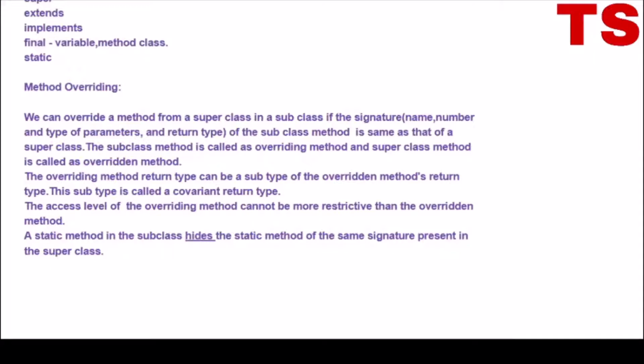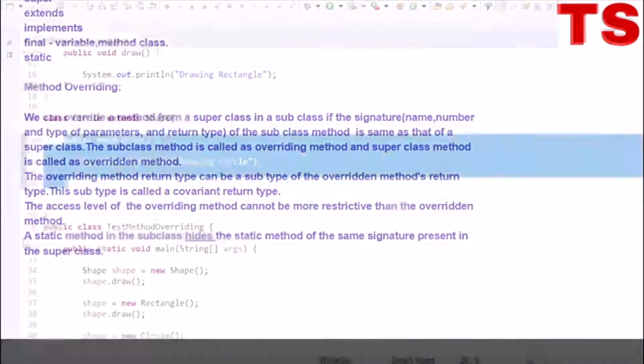That means if you have a static method in a subclass and superclass, both having the same signature, then the static method in the subclass hides the static method of the superclass.